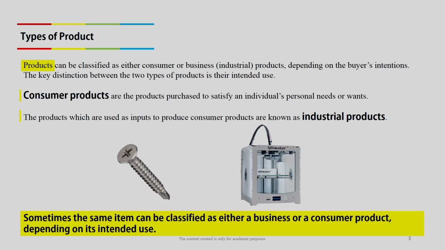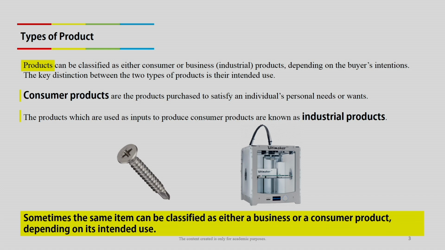Now, we will discuss the types of products. Products can be classified as either consumer or business products depending on the buyer's intention. The key distinction between the two types of product is their intended use.